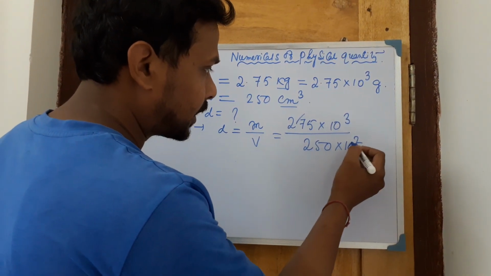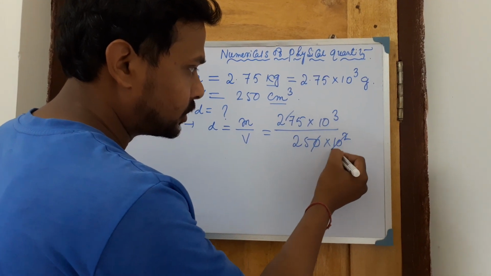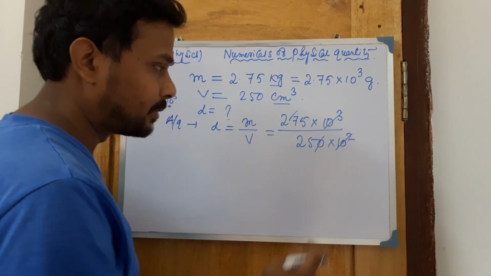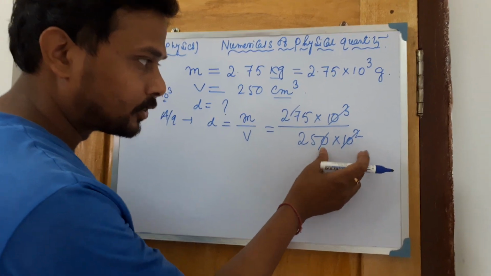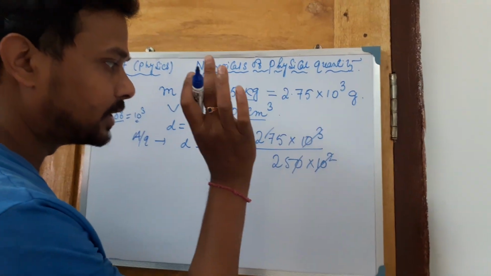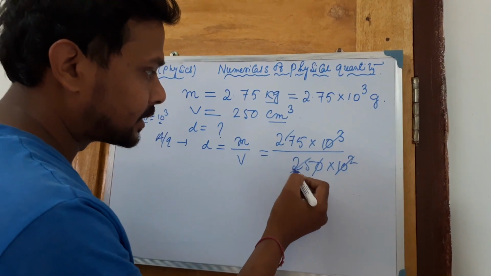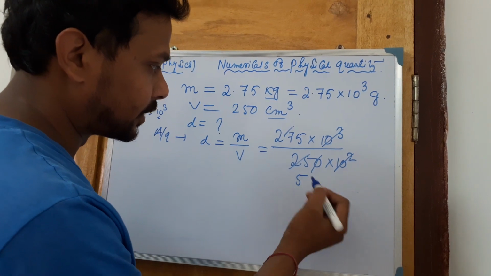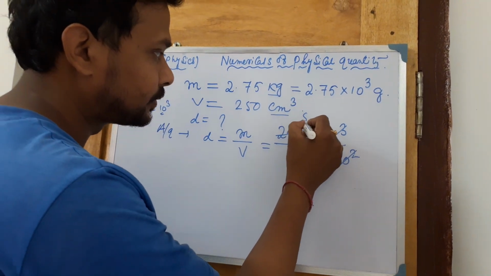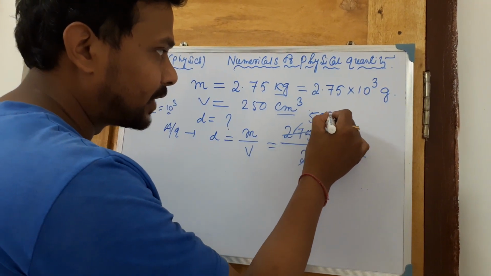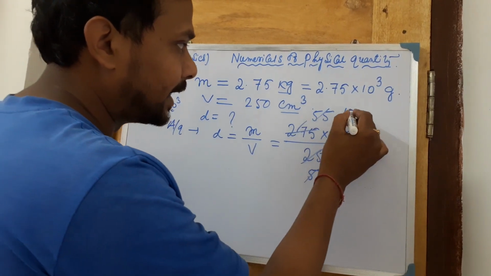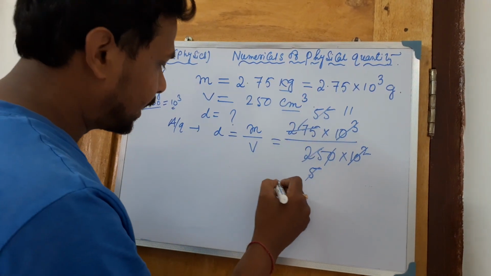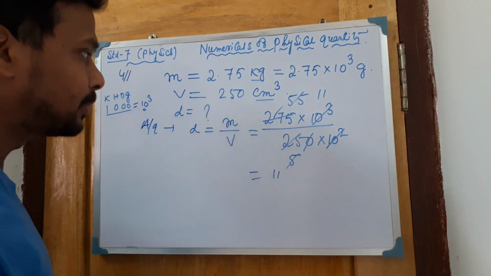So this one can be written as 10 to the power 2 into 2.5, and 10 to the power 3 is already here. Now if you cancel by 5, then 55 will come, and this one will be 11. So 11 unit. Now that is very important.